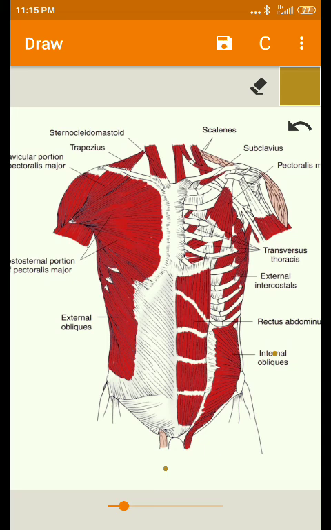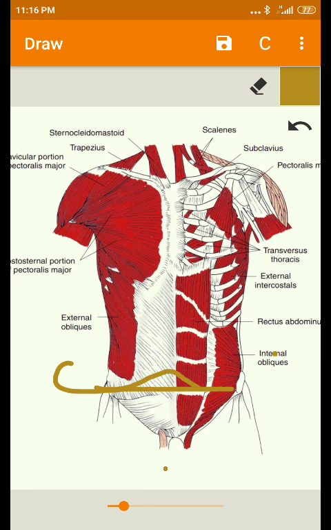And gravity also helps in respiration. We can call it ventilation in supine position. So just think that this is the supine position.